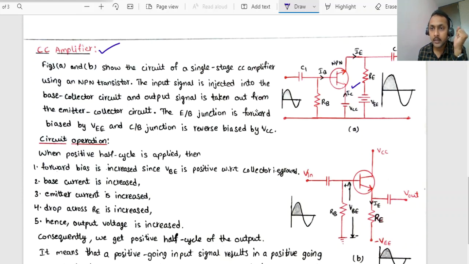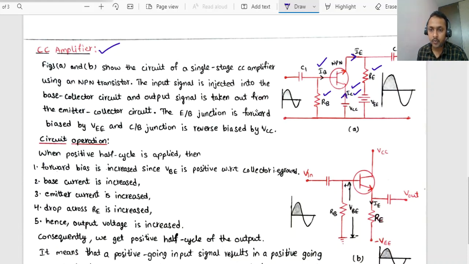Here, IE indicates the emitter current, IC indicates the collector current, IB indicates the base current. RB is the resistor connected to the base terminal, right? RE is the resistor connected to the emitter terminal. VCC is the voltage at the collector terminal with respect to ground, right?